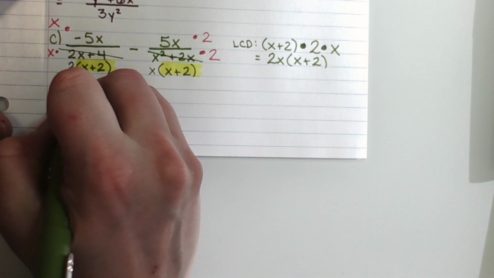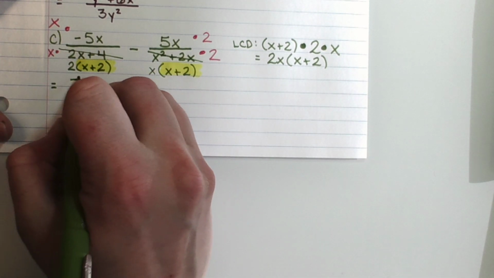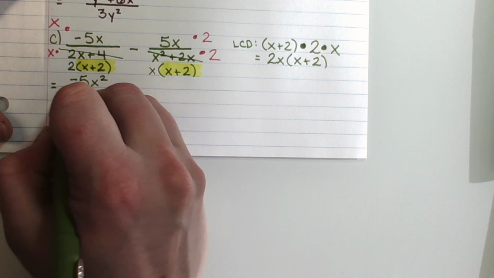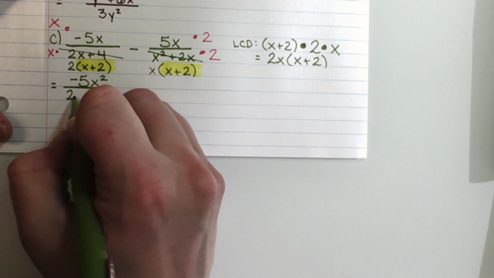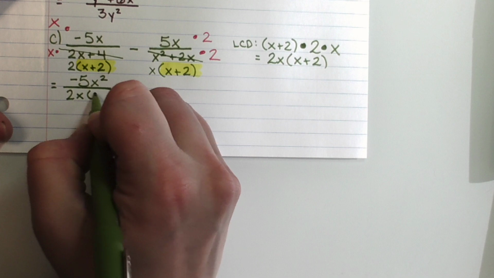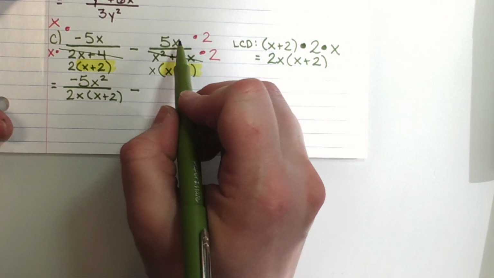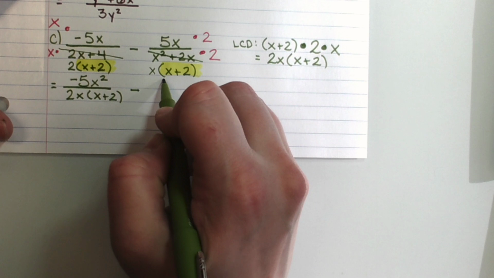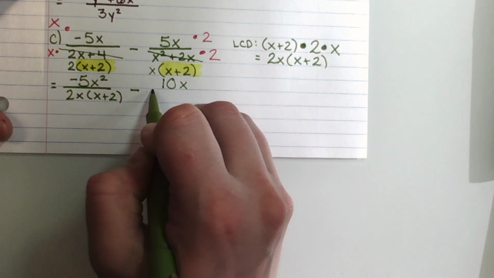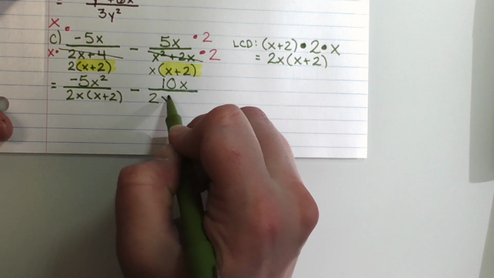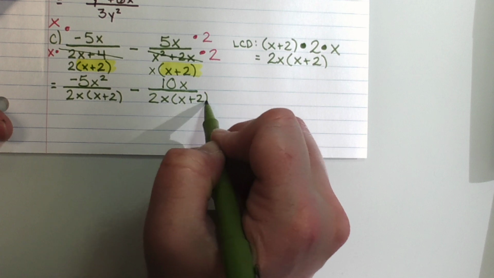And we get x times negative 5x is negative 5x squared over 2x, x plus 2, because that's our LCD, minus 5x is getting multiplied by 2. I get 10x over our LCD, 2x and x plus 2.